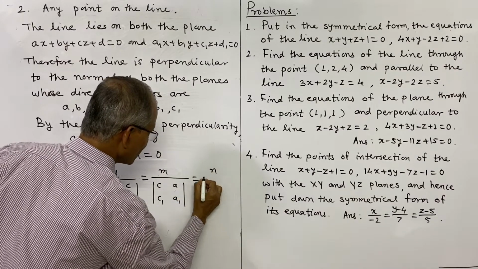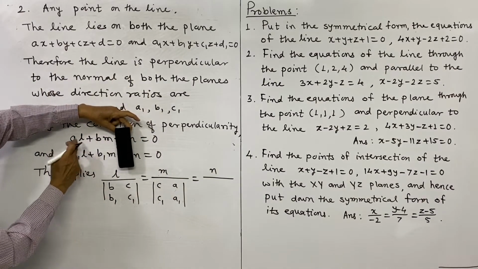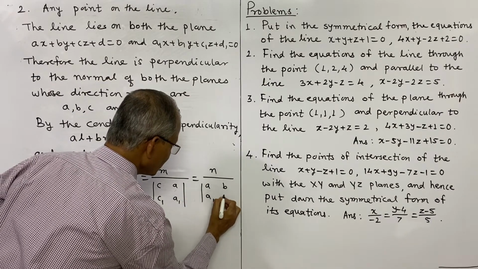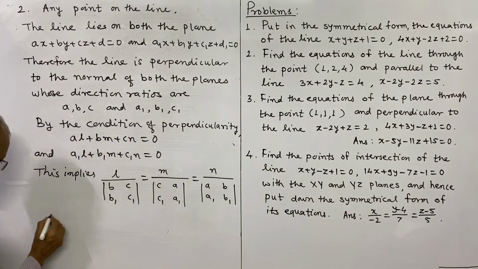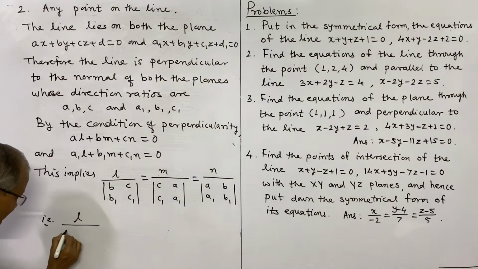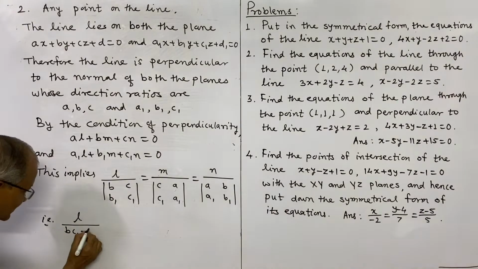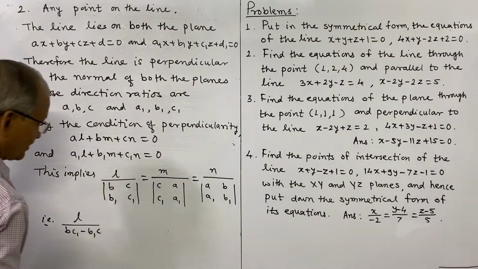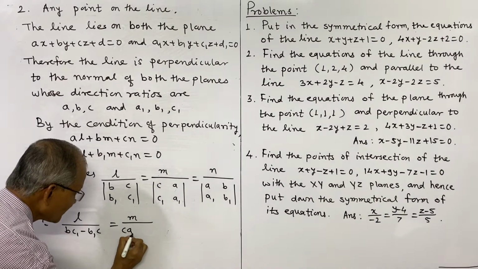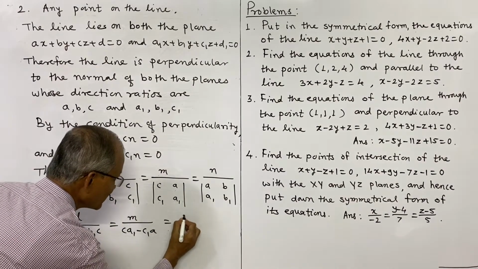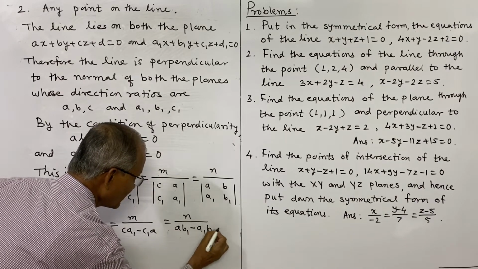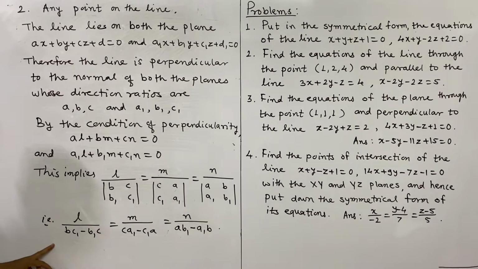And is equal to N, hide this, and A1, B, B1. And this gives L divided by BC1 minus B1C, and this is equal to M divided by CA1 minus C1A, and N divided by AB1 minus A1B. So these are the DRs of the line.